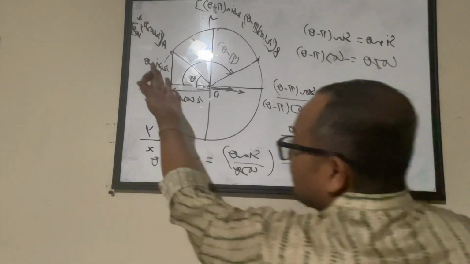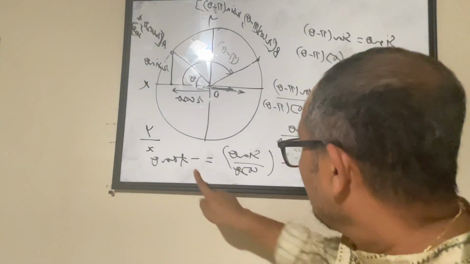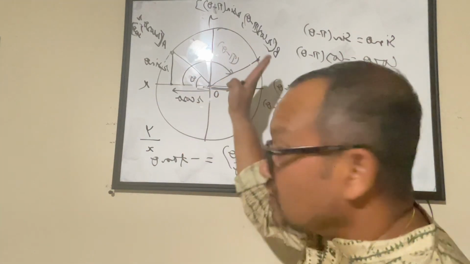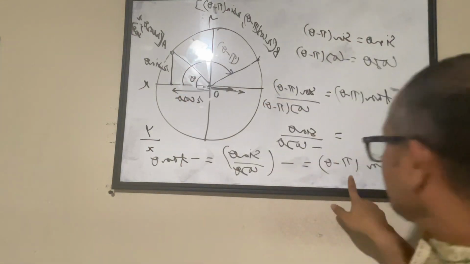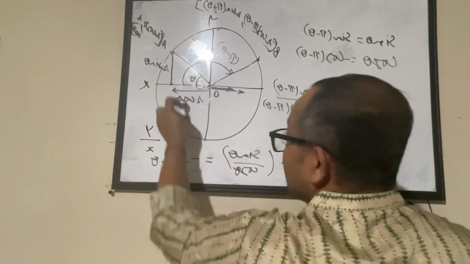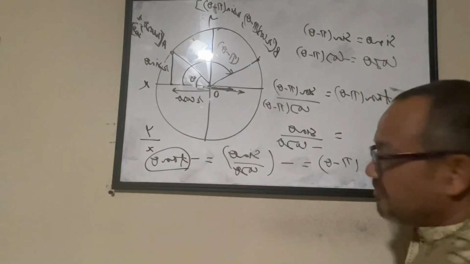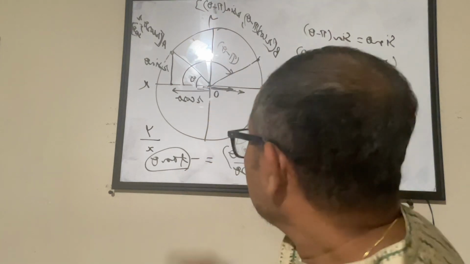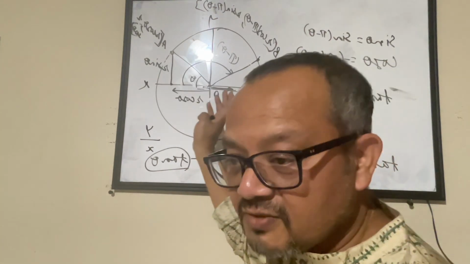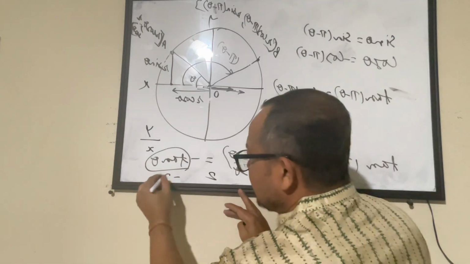When you're reflecting a line against the y-axis, what happens? Your slope inverses. Earlier your slope was, let's say, tan theta. When you reflected this against the y-axis, your slope became the inverse of what it was. So if your slope was, let's say, 2, now it became minus 2.